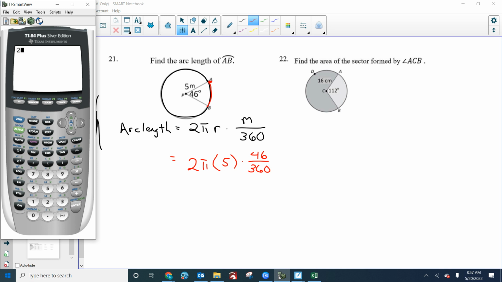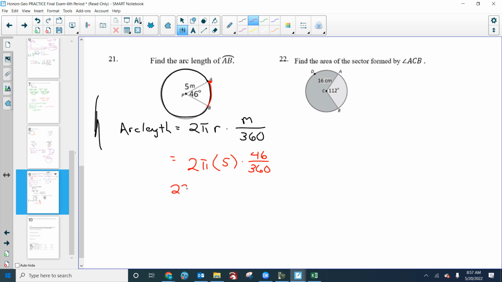I'm going to write it both in terms of pi and rounded as a decimal. 2 times 5 times 46 out of 360. Now that's not a very nice number. We can turn it into a fraction possibly. So 23 over 18 pi meters.